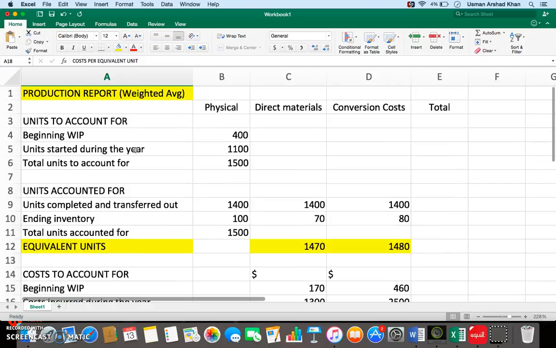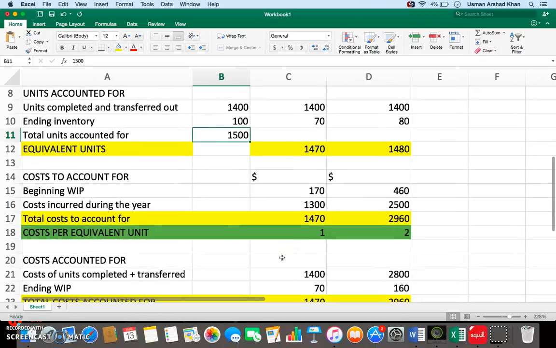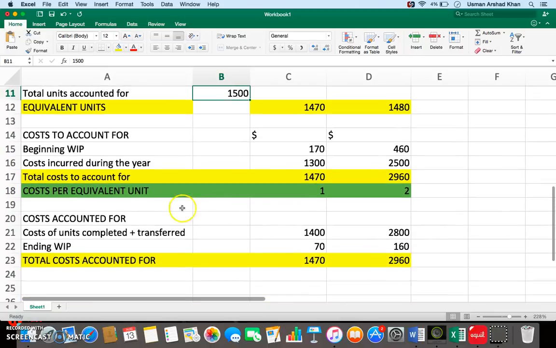Total units to account for and total units accounted for have to be the same, right guys? So in this case, they were the same because we made it that way. But just to be safe, you want to confirm your answer with the total cost to account for and the total cost accounted for. Really, in this kind of question, you already know that you killed the question, because your answer is the same.